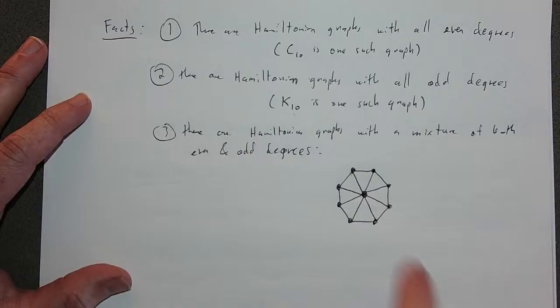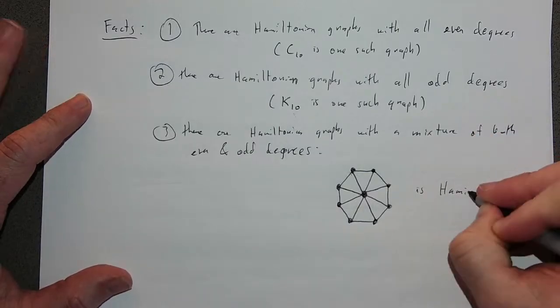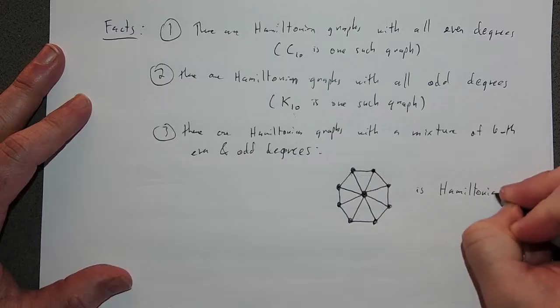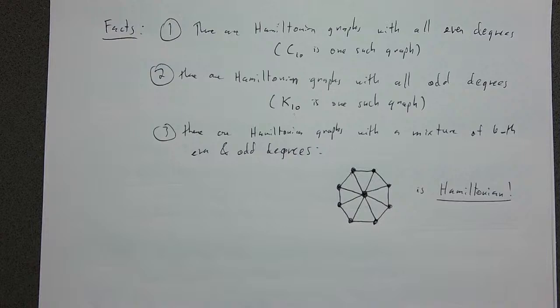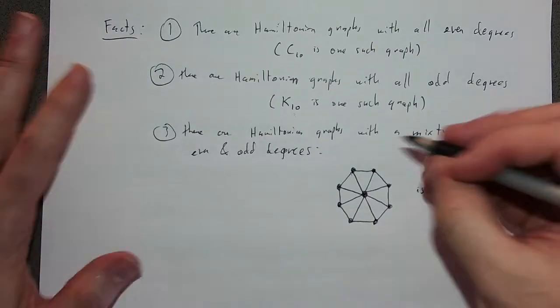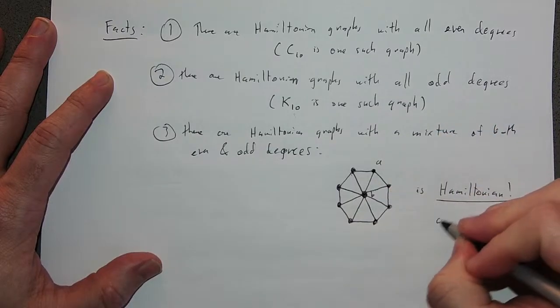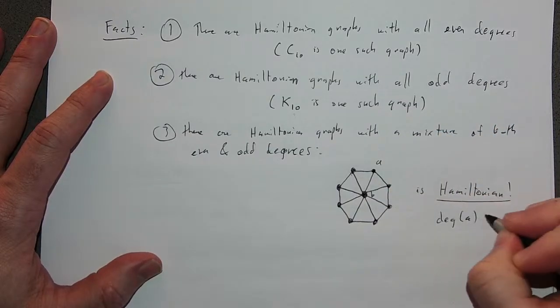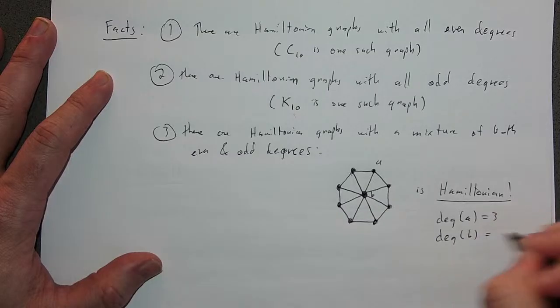But this is Hamiltonian. So it's Hamiltonian, even though, let's call this one A and this one B, the degree of A is 3, and the degree of B is 8.